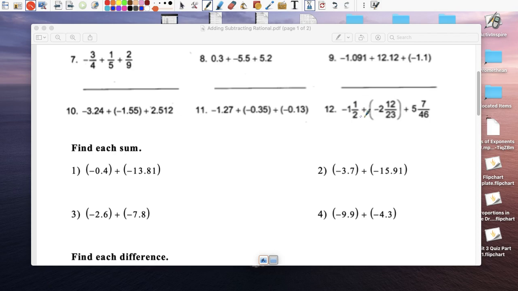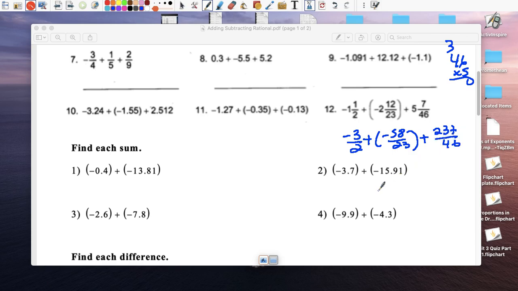We can change this to an improper fraction. So what I would do is 2 times 1 is 2, plus 1. So this is 3 over 2. This is going to be negative 58 over 23, and this is going to be 237 over 46.